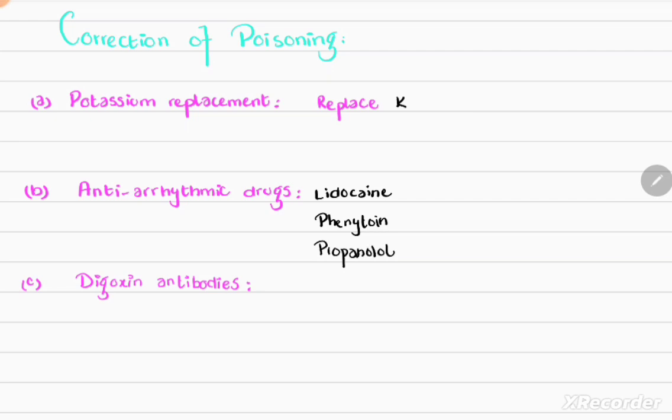Digoxin antibodies are also available in the market, known as Fab fragments or Digibind. These antibodies bind with the digoxin and neutralize its effect. They're very important in reversing or correcting the poisoning.